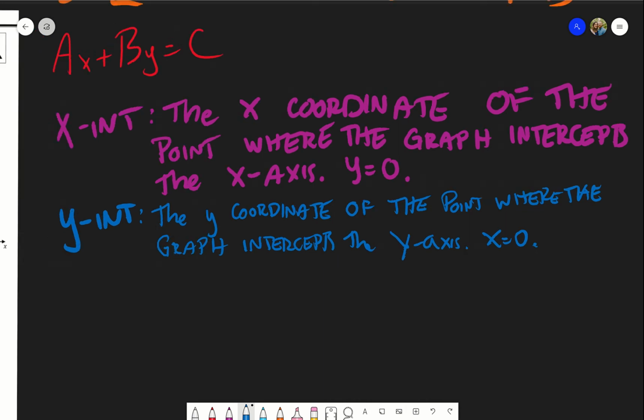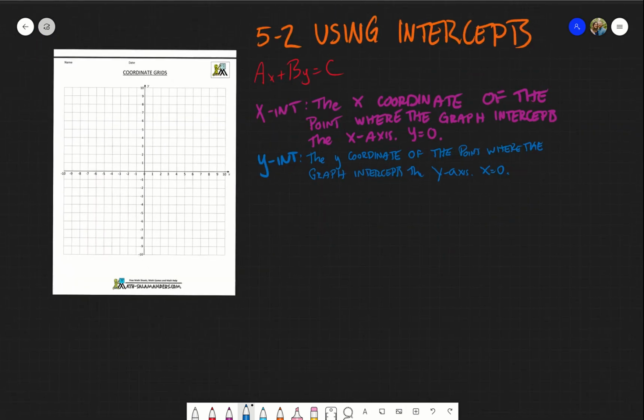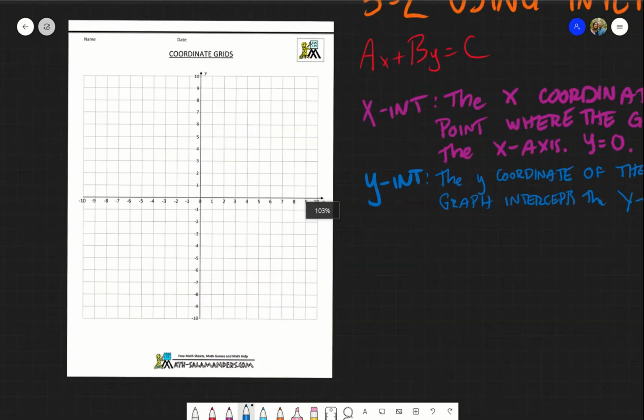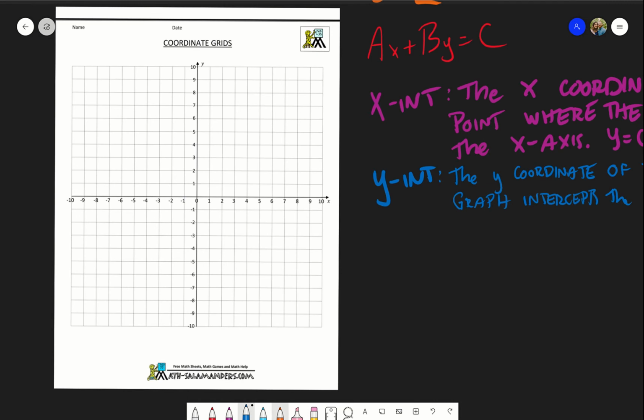If I have a graph like I happen to have right here, and a line going through it, my x-intercept is where my line crosses my x-axis, and my y-intercept is where my line crosses my y-axis.